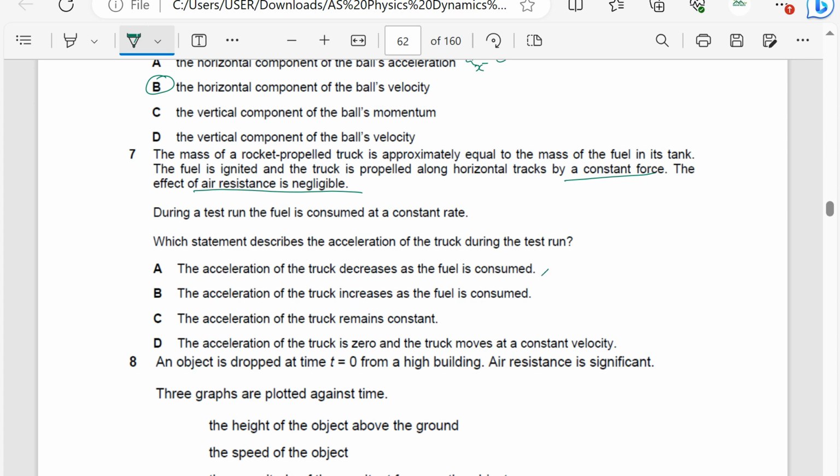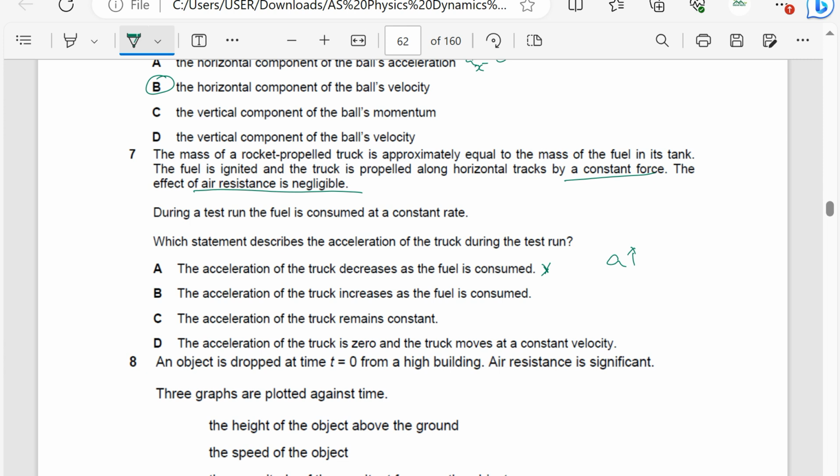That is not true. Remember Newton's third law. The acceleration is actually going to increase. Burning the fuel increases the acceleration because the forward force is increased. So burning of the fuel increases the forward force by Newton's third law.